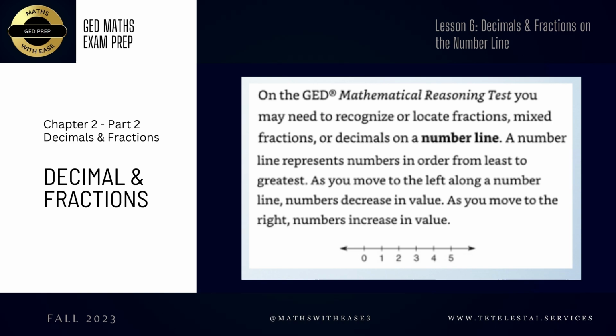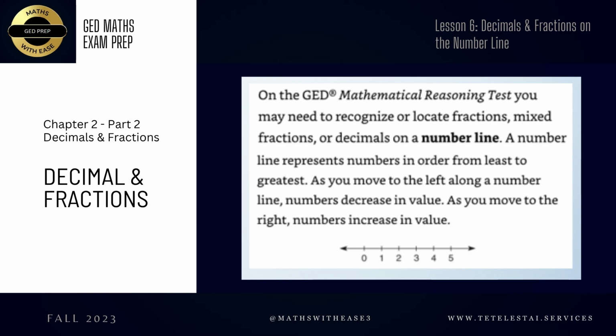So if our starting point is 5 and we move to the left, we see that it's decreasing in value: 4, 3, 2, 1, 0, -1, and so on into perpetuity. And as you move to the right, the numbers are increasing in value.